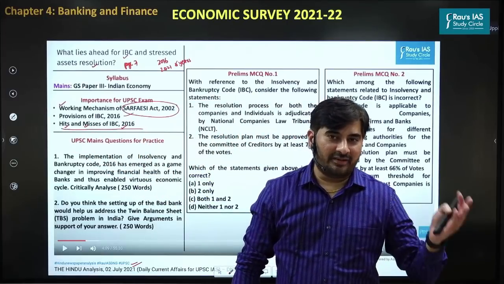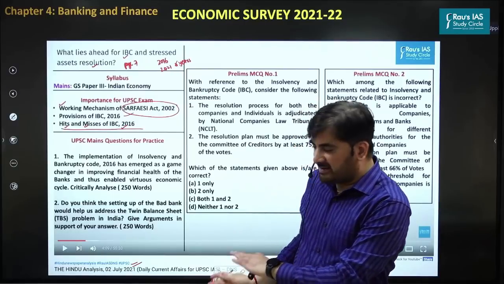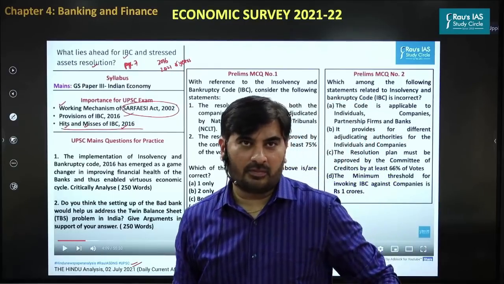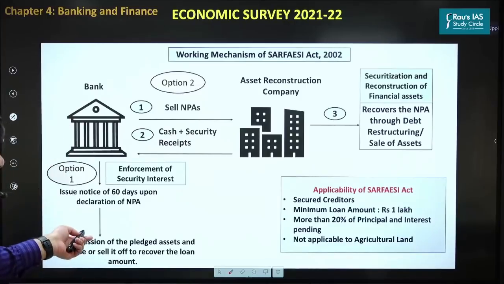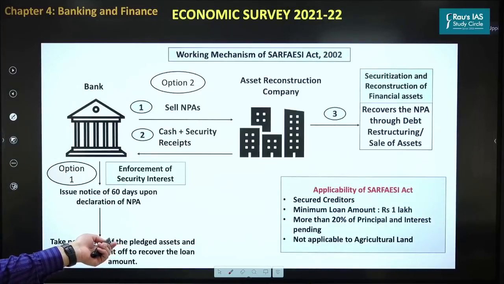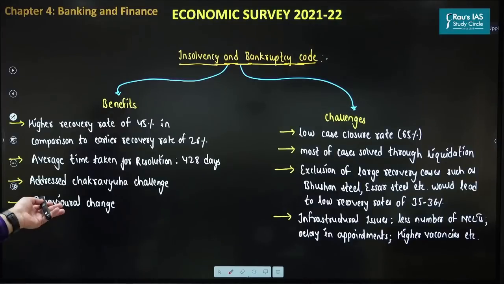That is, what are the benefits? What are the challenges with respect to IBC? So if you go through this particular DNS, everything is covered. So I'm not going to discuss this once again. I discussed the working mechanism of IBC, the benefits and challenges with respect to IBC. So please go to that particular DNS.